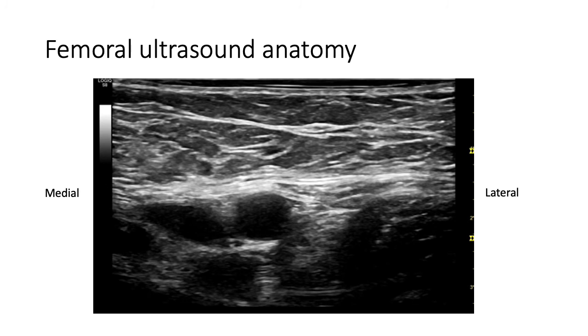Here's another example. This femoral nerve is slightly deeper than some of the others we've seen in this lecture. Sometimes you may need to compress the tissue or push down with the probe to make the nerve look more clear on ultrasound.